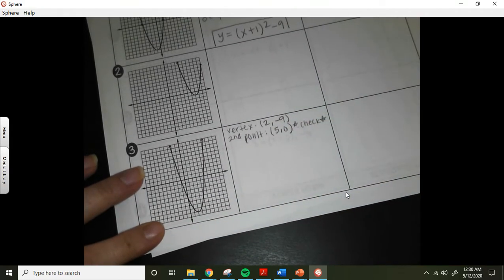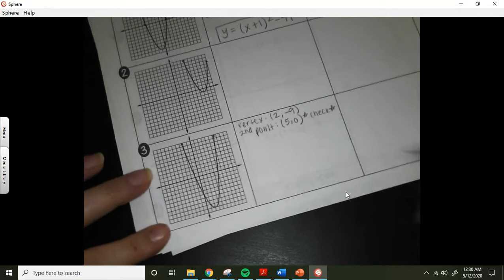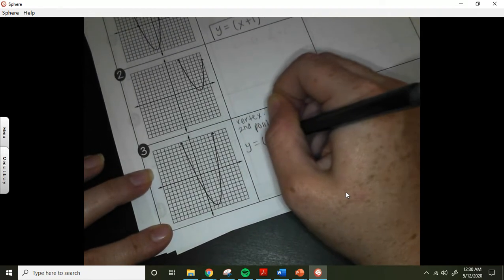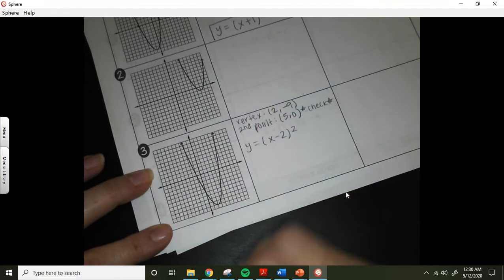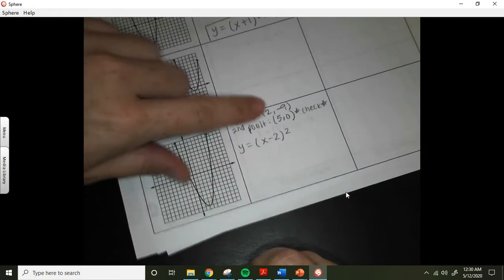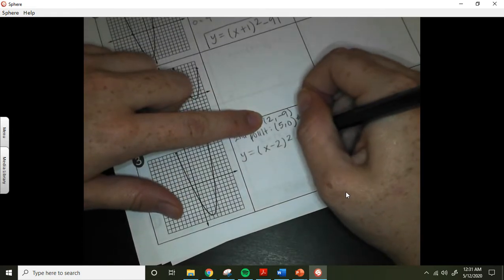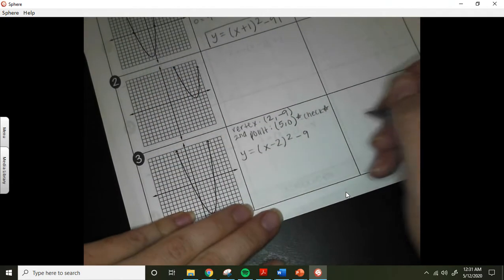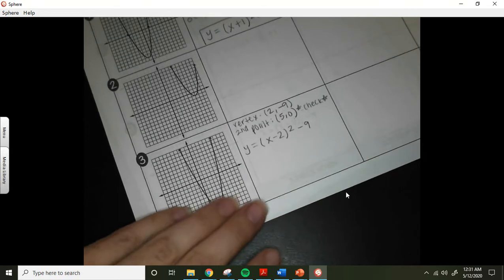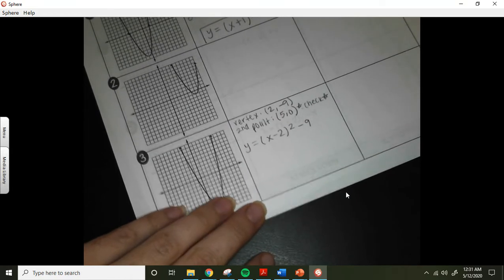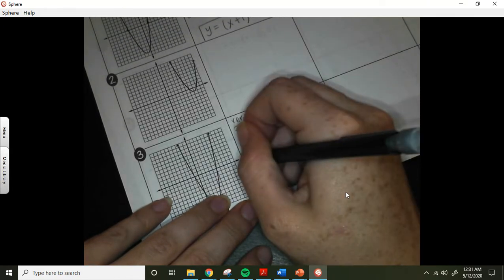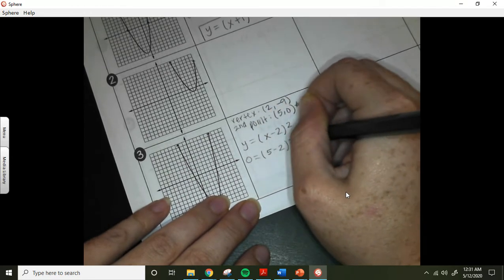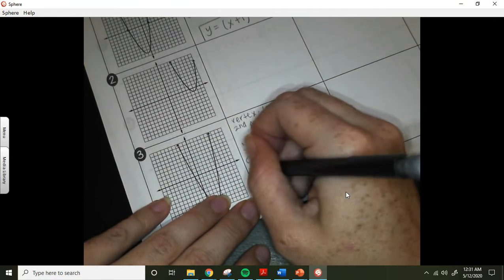We're going to plug that in to make sure there's no a. All right, so it's going to be y equals (x minus 2) squared, because positive 2 is your x in your vertex, minus 9 because the negative 9 is your y. So we're going to plug in this point to check to make sure that our equation is true and we don't need an a. So 0 equals (5 minus 2) squared minus 9. Well, 5 minus 2 is 3.